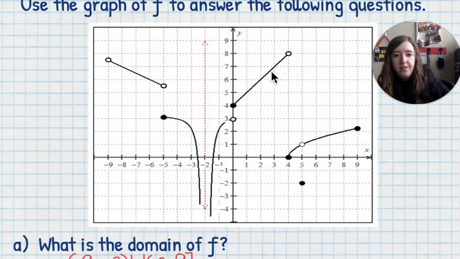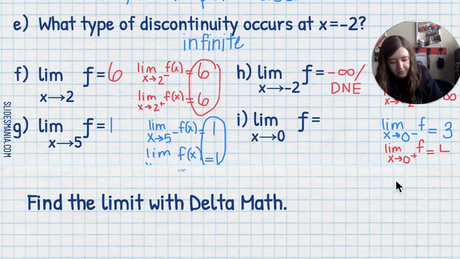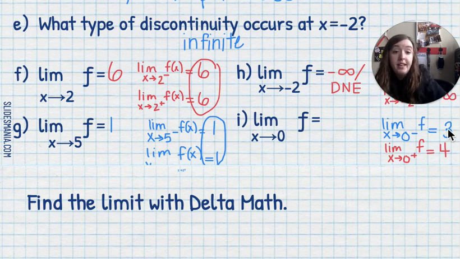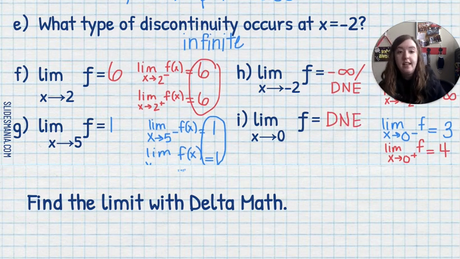So coming in from the right, x equals 0, I'm getting closer and closer to 4. So here, my left-handed limit and my right-handed limit don't match. Since they don't match, that means that the limit does not exist. DNE.